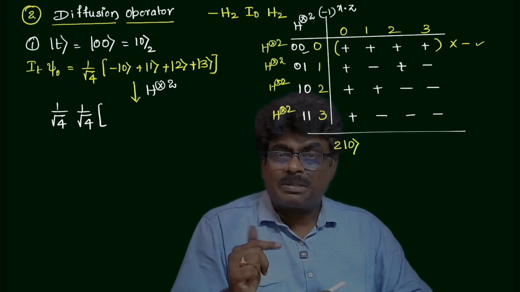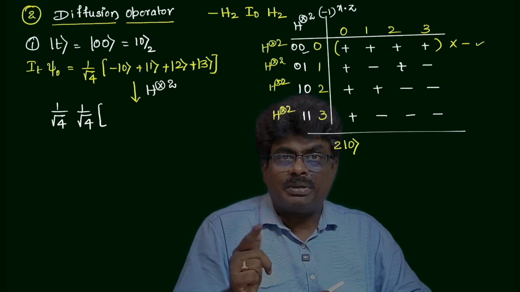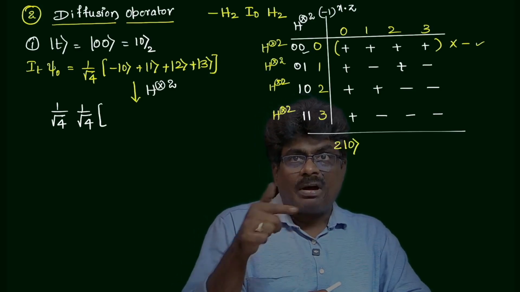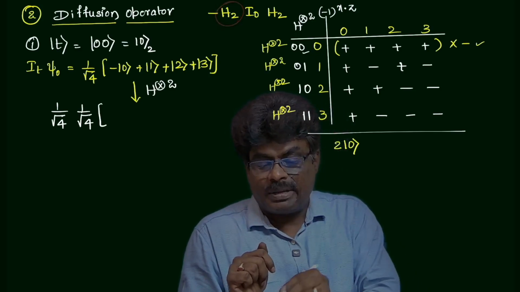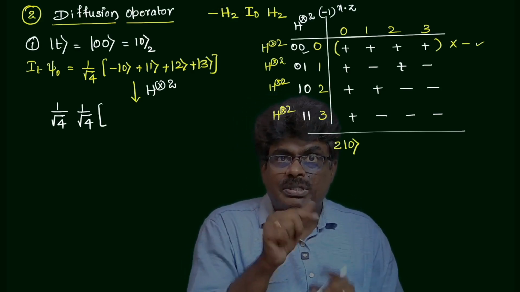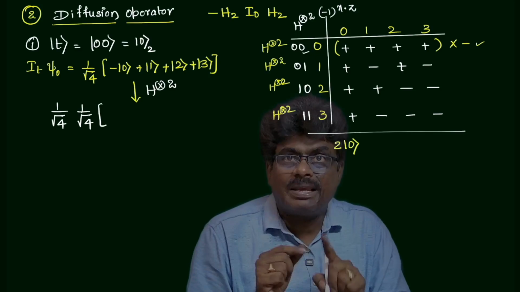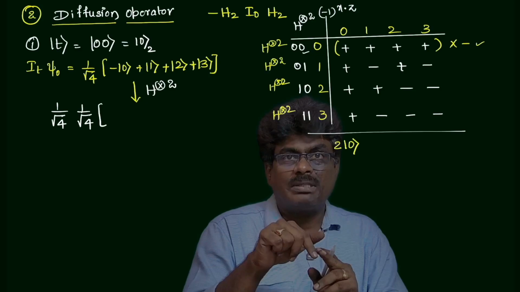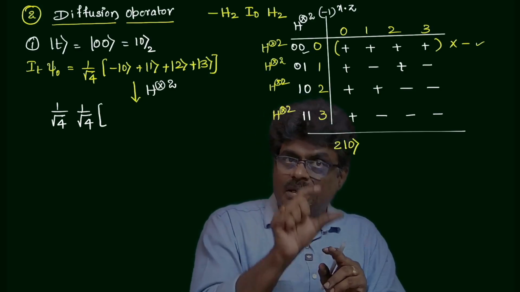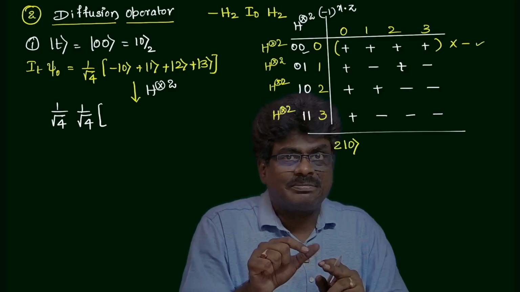While I was explaining the operator circuit design, I told you after this first Hadamard, the amplitude of 0 state will become N minus 2. Here capital N is 4, 4 minus 2, it is 2. If you take 3 qubits, N is 8, 8 minus 2, that is 6 you will get for 3 qubits.